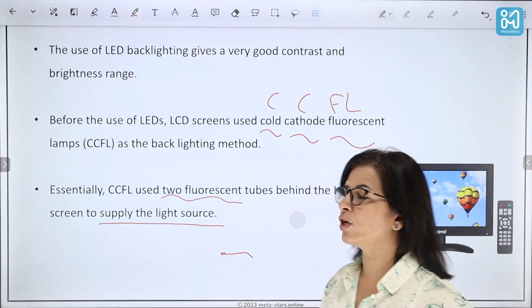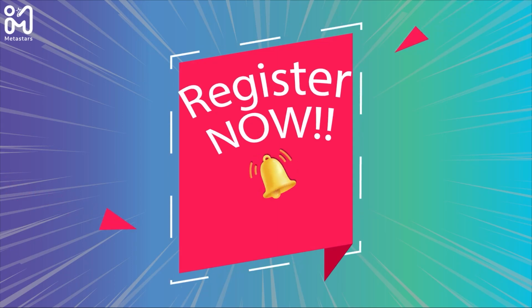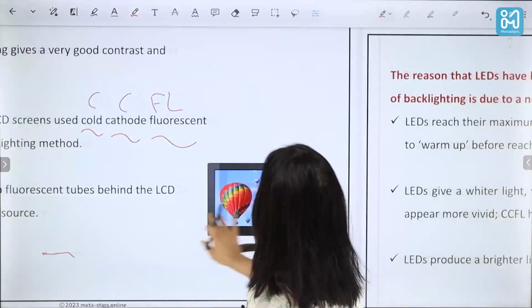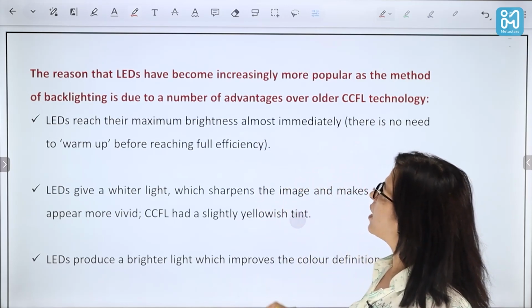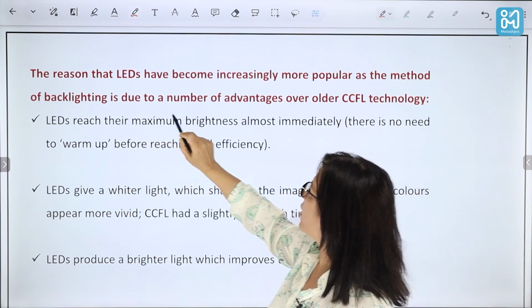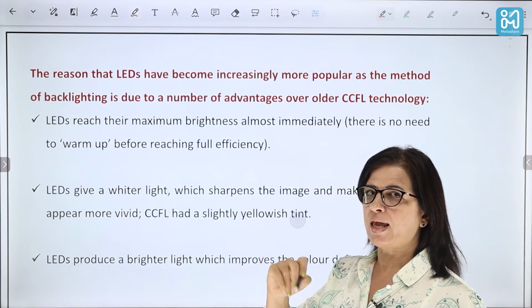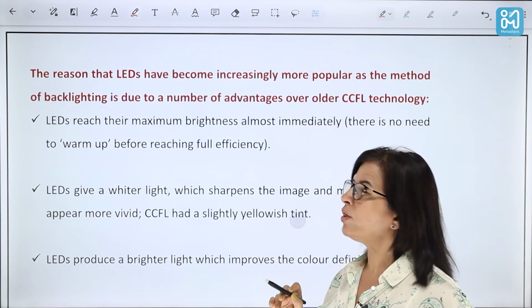This is the old version of LCDs. The reason LEDs have become increasingly popular as the method of backlighting is due to a number of advantages. As I told you, we replaced the cold cathode fluorescent lamp with the LED.